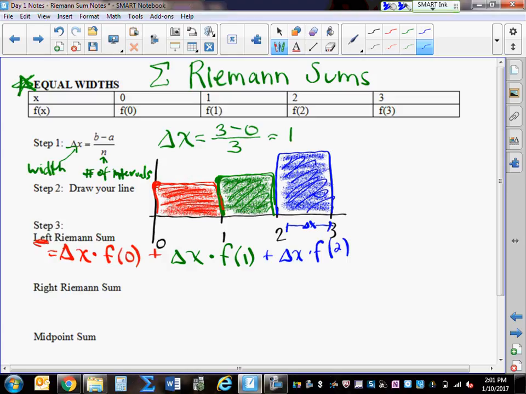If I were to draw my right Riemann sum over here. So 1, 2, 3. So right Riemann sum, I use that right-hand side. That's my starting point for my rectangle.